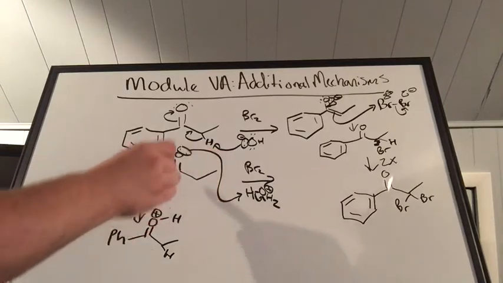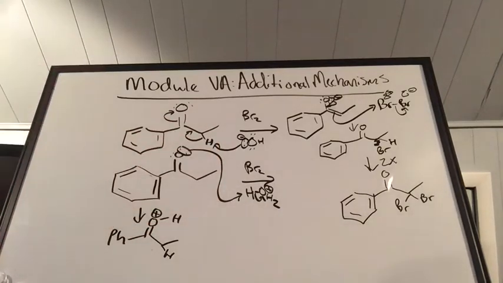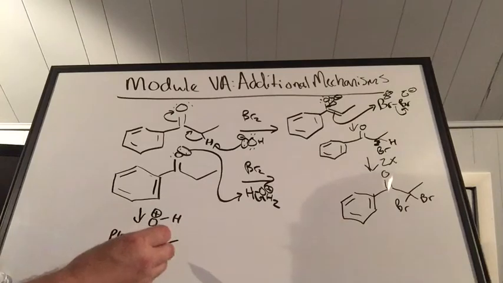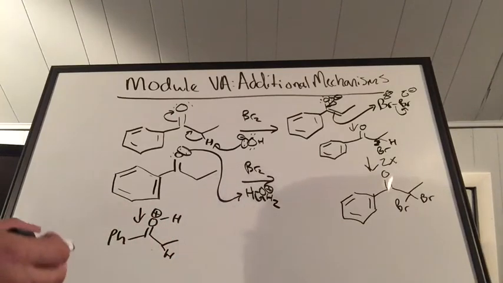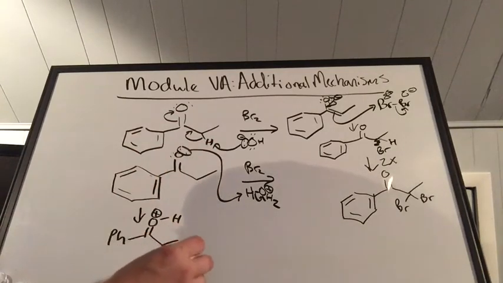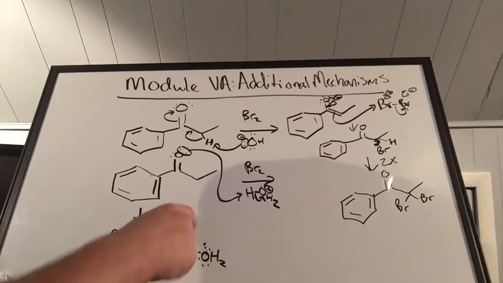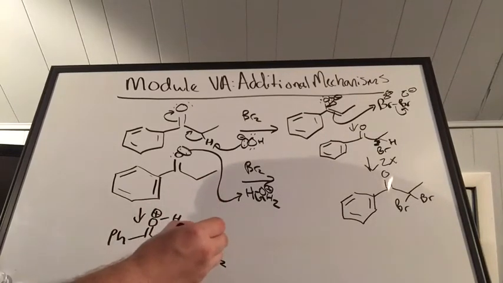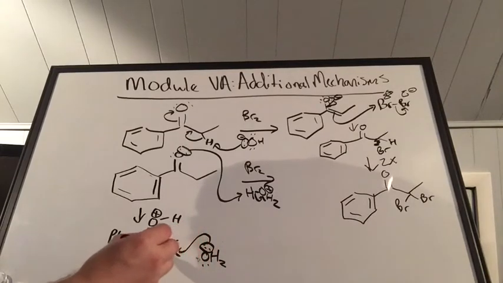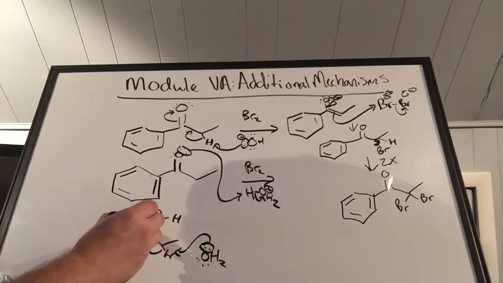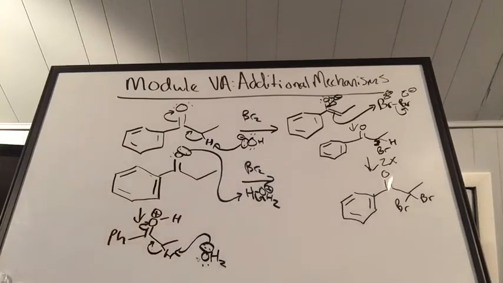So this is probably going to bounce back and forth in equilibria, no big deal, but the only way we can get things to proceed forward is by having water act as a base, right? So in other words, there's too many lone pairs. Water is acting as a proton transfer initiator.